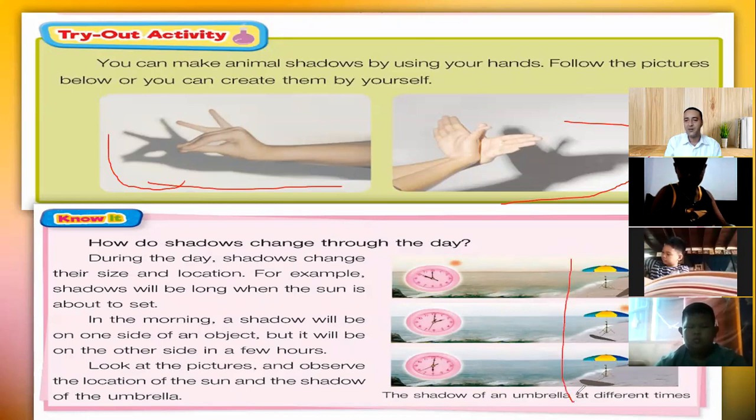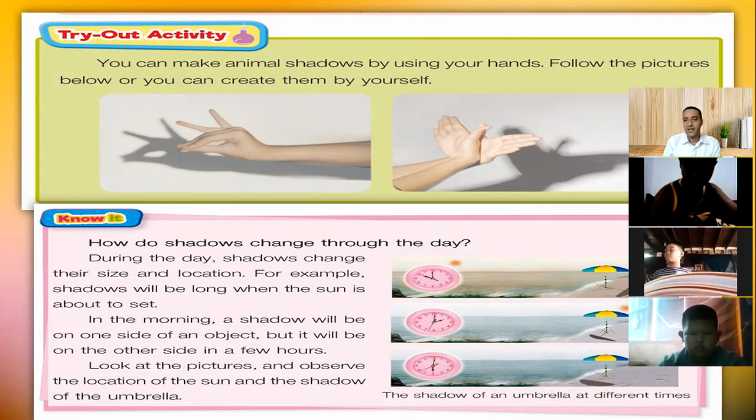And the other one, you can see here, you can note anytime in the morning when the sun comes out, you look at the shadow of any object. Then you observe in the afternoon, the shadow will move to another place. And then you also observe in the evening time. So you will always find the shadow changes its place and it changes the size as well. All right.